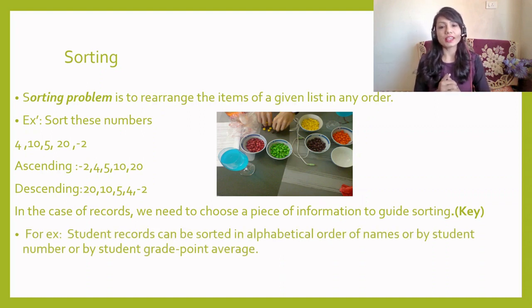One more example we can see is to sort records. If we consider student records, they can be sorted according to the alphabetical order of names, or by roll number, or by marks. So let's see this example in more detail.